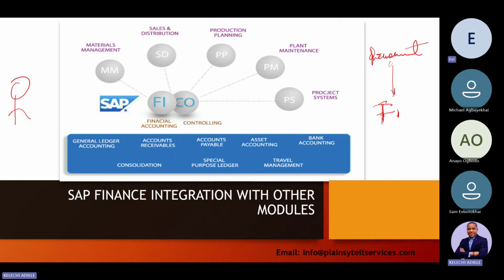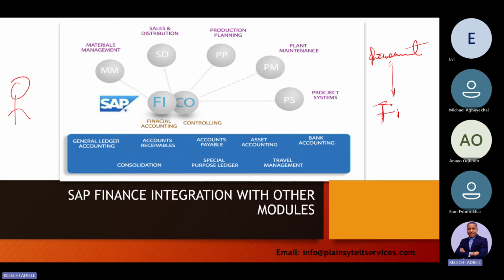Great. Okay. So plant maintenance is also a different module. That's why SAP is very deep and very wide. You cannot do everything. There is also project system, just like you have project management tools like Microsoft Project, Oracle Primavera, and other project tools.